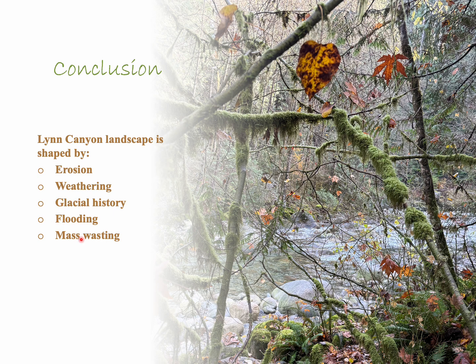After that, we have flooding. In some areas of Lynn Creek, there was usual flooding, which was an important factor for this landscape. And at the very last, we have mass wasting, which was also an important factor in changing the landscape of Lynn Canyon.